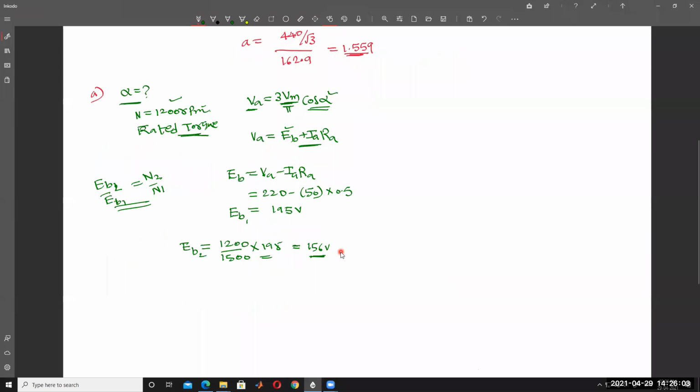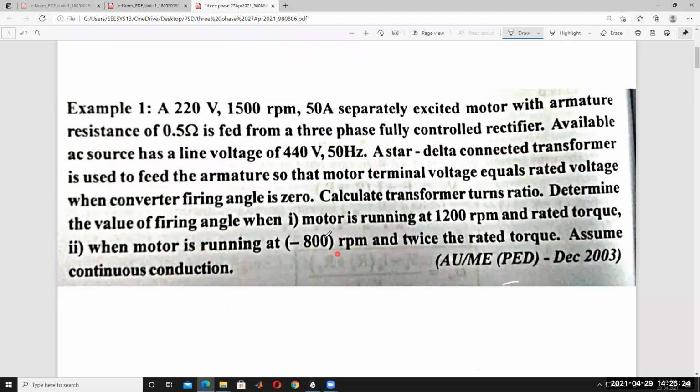Then find VA. VA is equal to EB2 plus IA into RA. Here IA is the same rated armature current, because in this question the motor is running at 1200 RPM at rated torque, and we determine the firing angle.